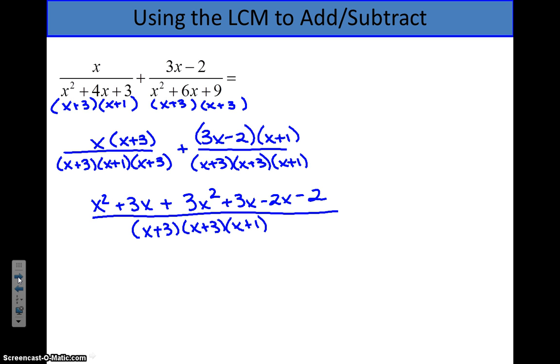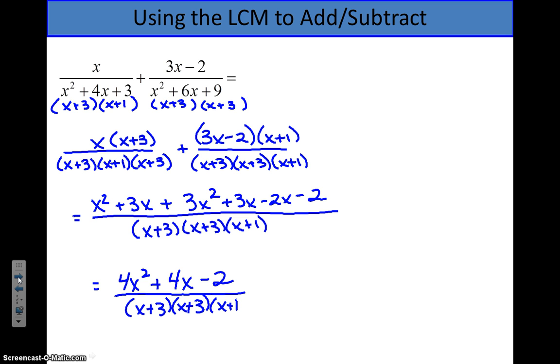We can do a little combining of like terms, and so we have 4x squared plus 4x minus 2 divided by the quantities of x plus 3 times x plus 3 times x plus 1.